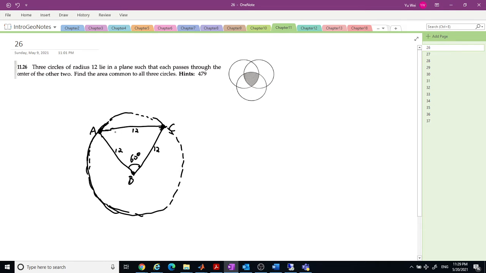Then we want to find the common area of the shaded region.